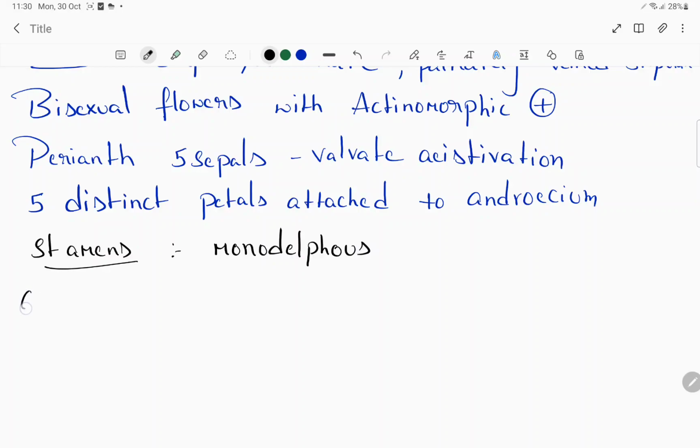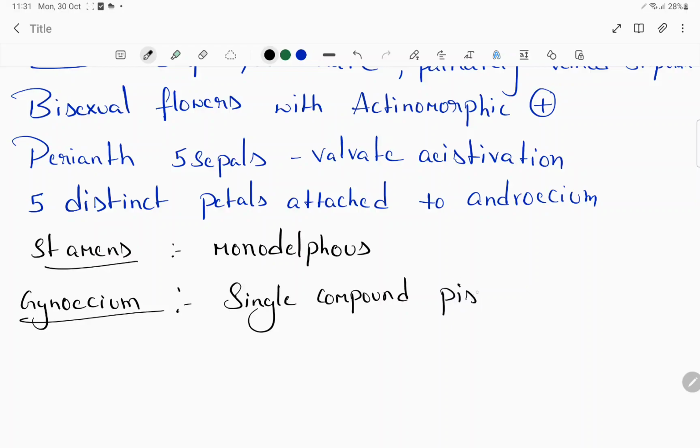So coming to the gynoecium, we have a single compound pistil, containing many carpels. And we have an equal number of styles, and the ovary is superior.